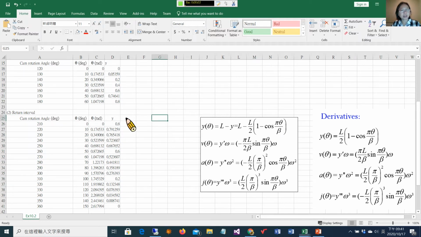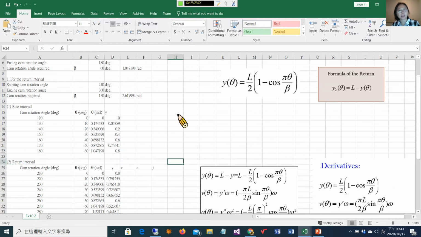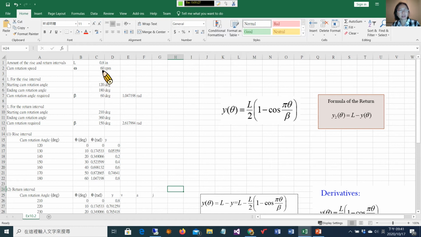I put V, A, J here and type the formula of velocity here. Velocity is equal to the first derivative times omega, and omega is in radians per second. So now we have 16 RPM, so we need to convert this into radians per second.